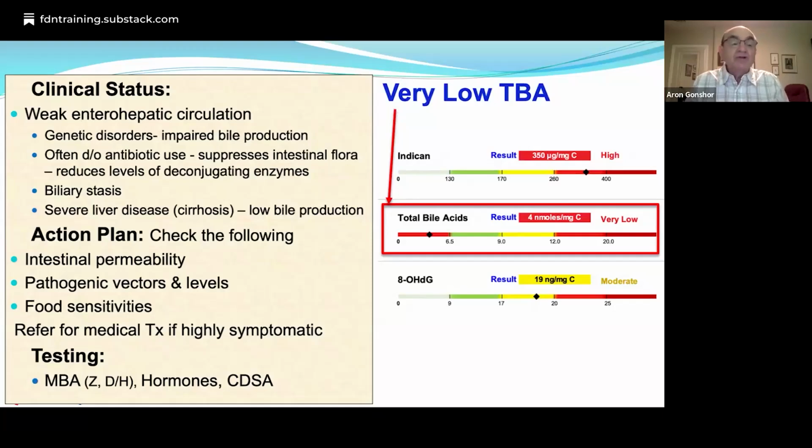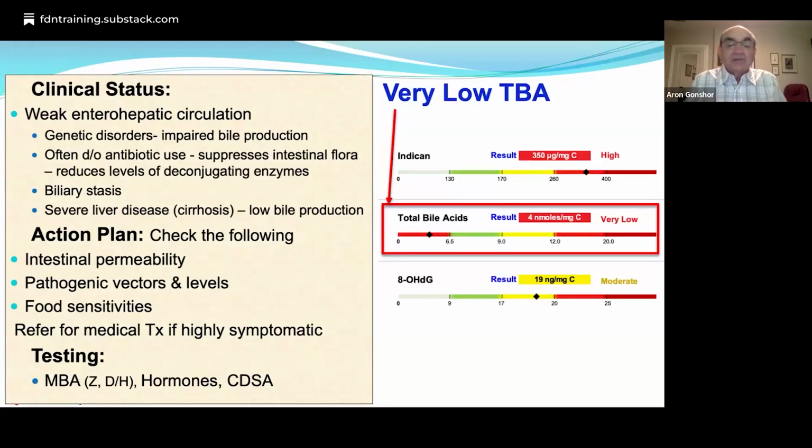It could very well be due to antibiotic use, because antibiotic use suppresses the intestinal flora or changes it. And therefore, it reduces the levels of some of these deconjugating enzymes, which need a proper functioning microbiome.